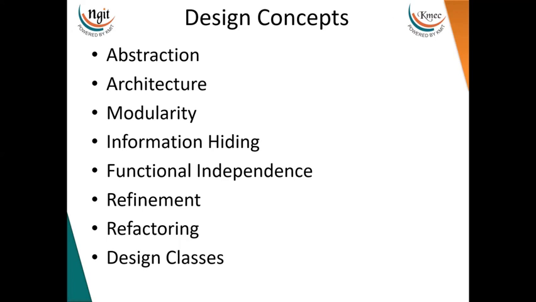Then we have design concepts: abstraction, architecture, modularity, information hiding, functional independence, refinement, refactoring, and design classes. So what are these design concepts? We'll see one by one. First one is abstraction.